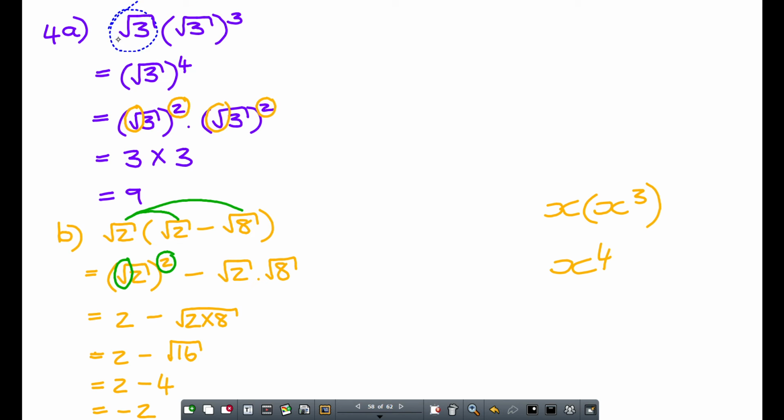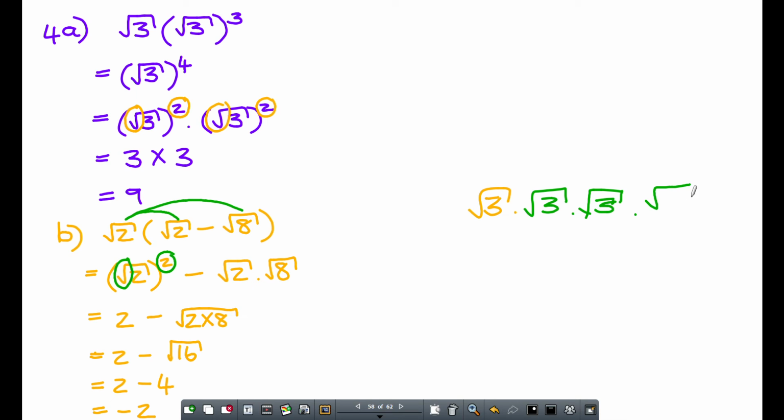Square root of 3 times square root of 3 to the power 3 is the same as square root 3 times square root 3, square root 3, square root 3. And can you see now it's 4 times? So square root 3, 4 times.